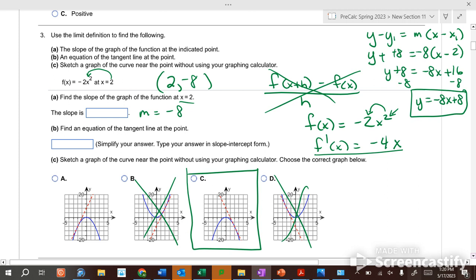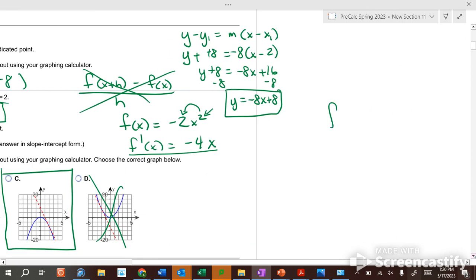Okay, so that problem is a little more work, but, oh, look, the easy way of doing this. So let's say you had a function f of x equals 3x squared plus 4x minus 2.